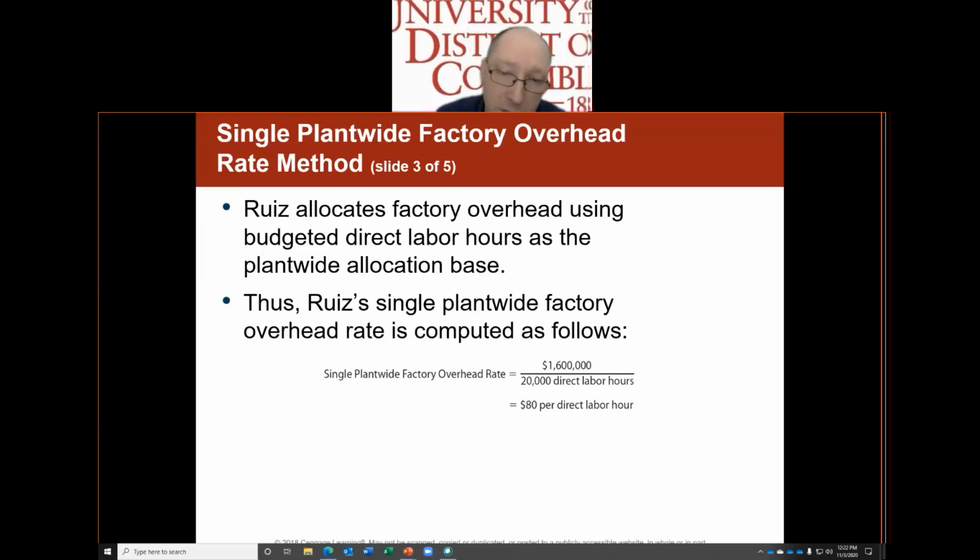We took $1.6 million and divided it by 20,000 hours to get us to $80 per direct labor hour of factory overhead. That's our factory overhead rate per hour, right? Now, this $80 gets, of course, applied to each snowmobile and each lawnmower that I sell.